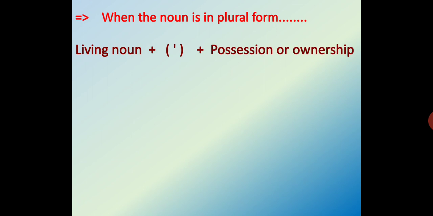Generally, we use s, es, ies and ves to make the noun in plural form. Right? In these cases, the last letter will be s. So, we add only apostrophe to show possession.